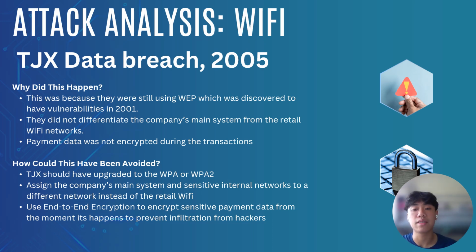Not only that, their private database network was connected to the same one as their retail Wi-Fi, meaning that their main business was using the same Wi-Fi as the ones in their retail shops, therefore giving the hackers even easier access to their database.